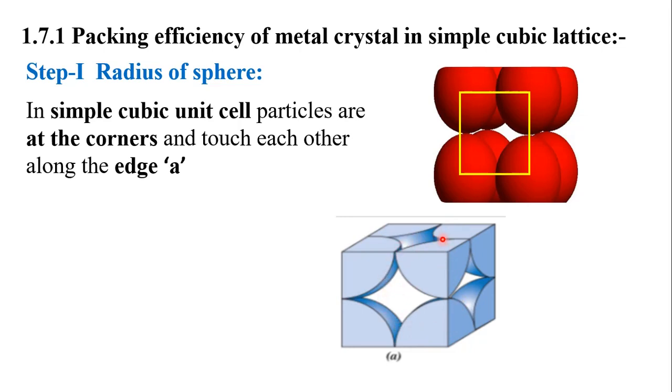The particles are at the corners of the cube. There are 8 corners and at each corner one particle is there. And these particles touch each other along the edge length, which is denoted by a. This is the edge length, like this.